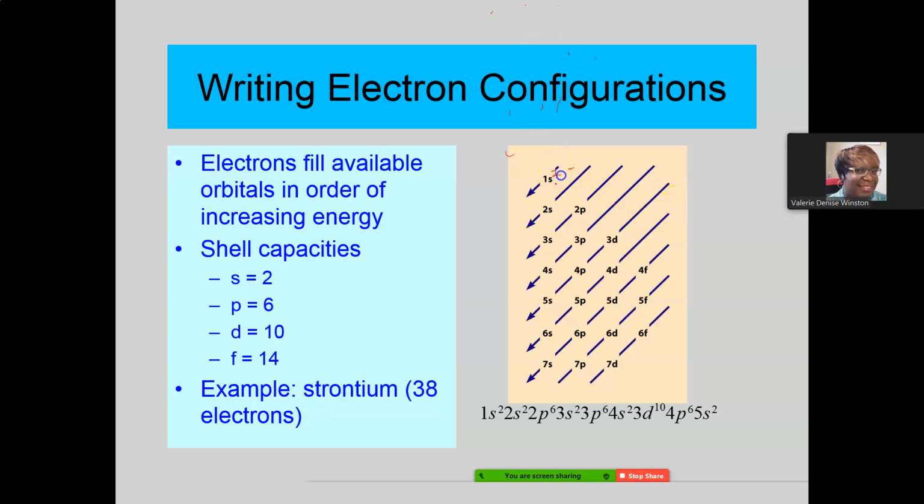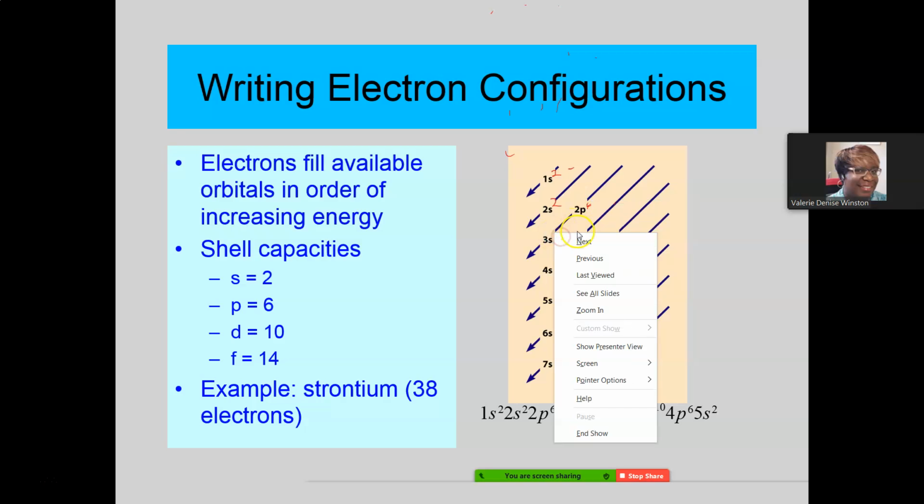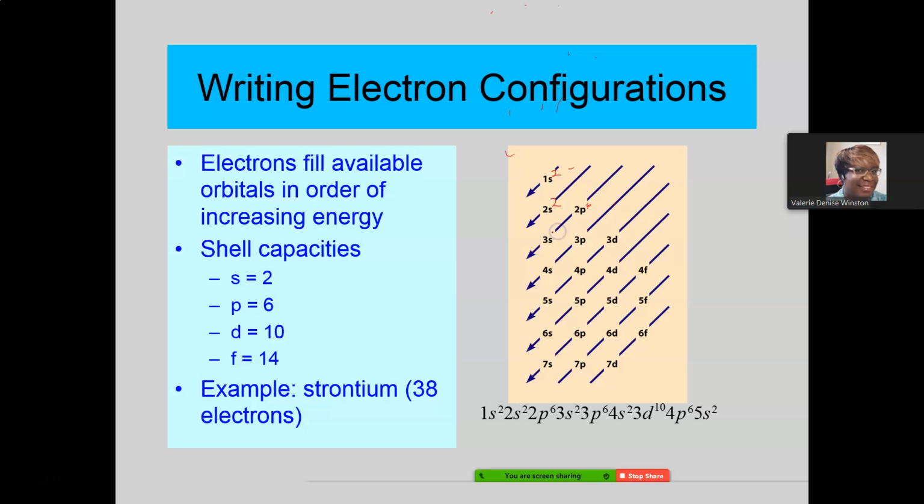So this was a 2. Tell me what goes here. 6. Yeah. 2. I can't get the pen to write. 2, 6. I wrote 6 here, but it didn't write. What was D? 10. What was S? 2.